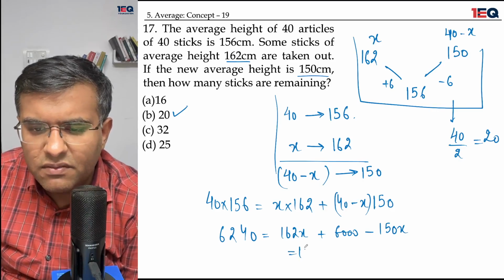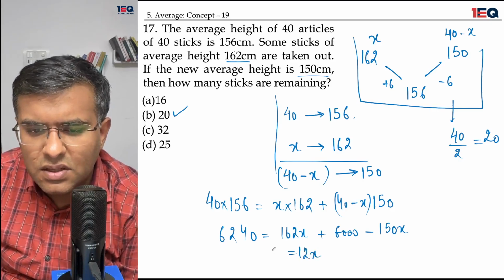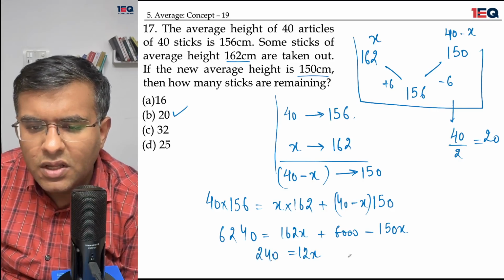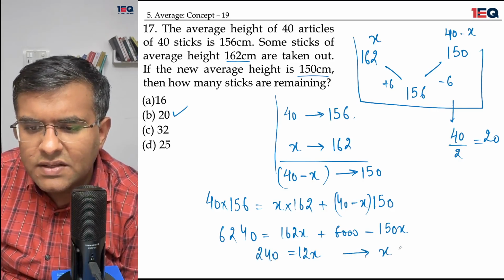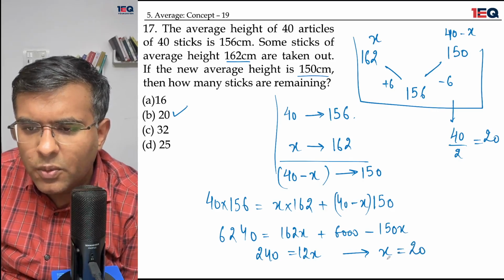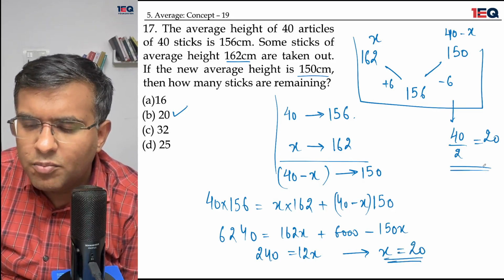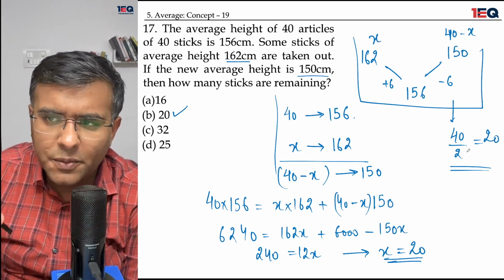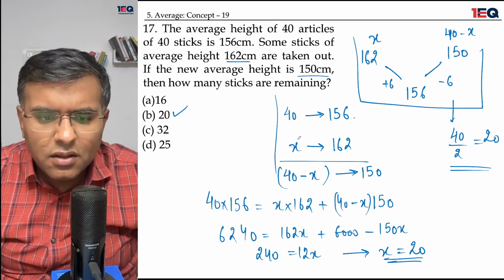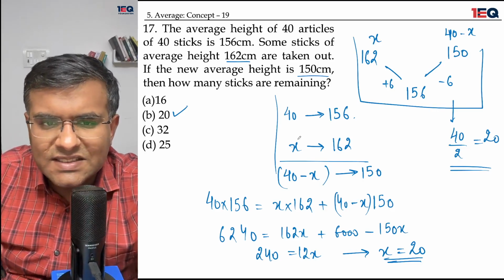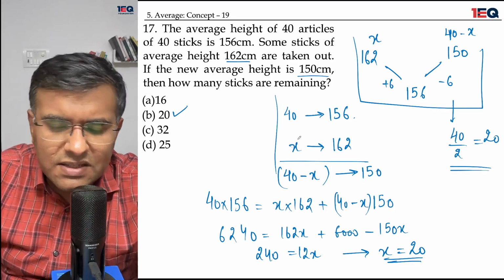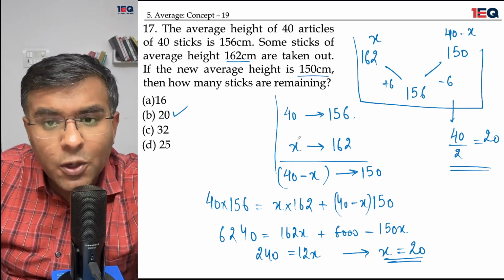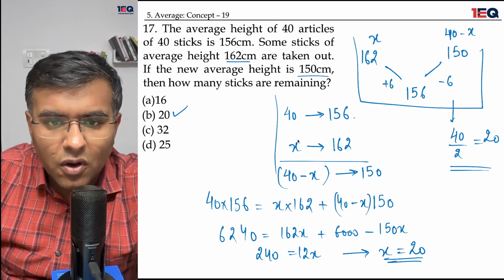This leaves me with 12x equal to 240, and the value of x comes out to be 20. So the balance which I could see on the top side of the question was correct, and the bigger sticks and the smaller sticks are of the same number, 20 each. All right, moving on.